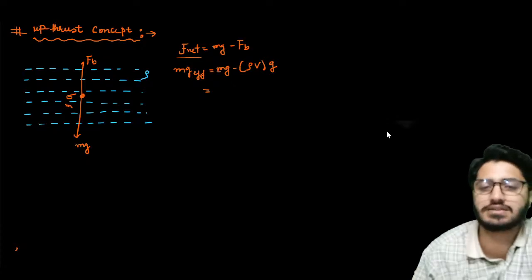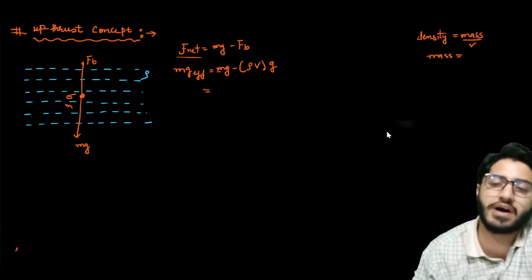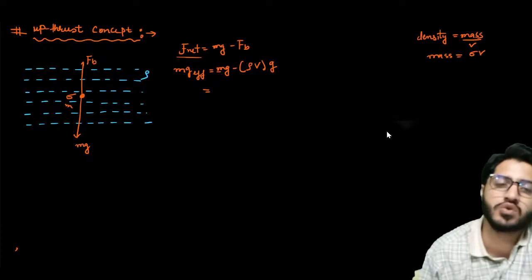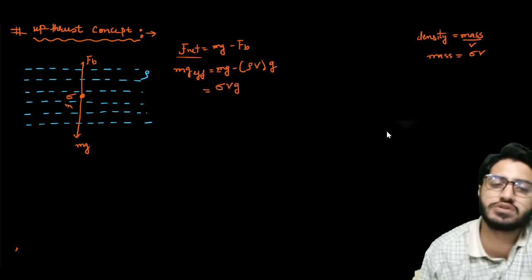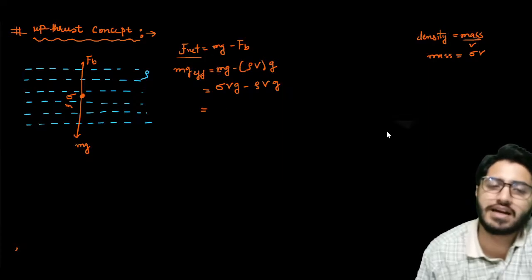Now what is mass? Look, beta. We know density equals mass per unit volume, so mass equals density into volume. The density of the particle is sigma and the volume is V. So I can write sigma V g minus rho V g. Can I take sigma V g common? Then I can write 1 minus rho by sigma.